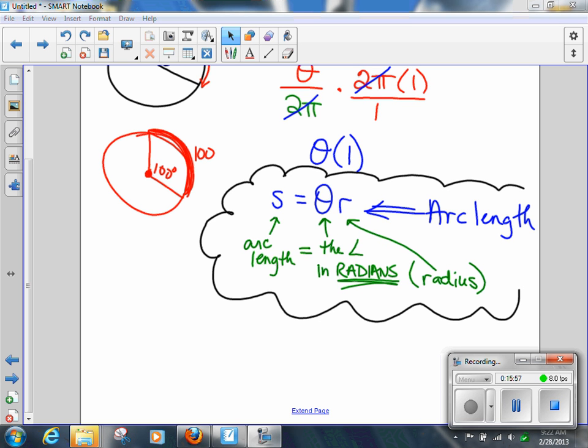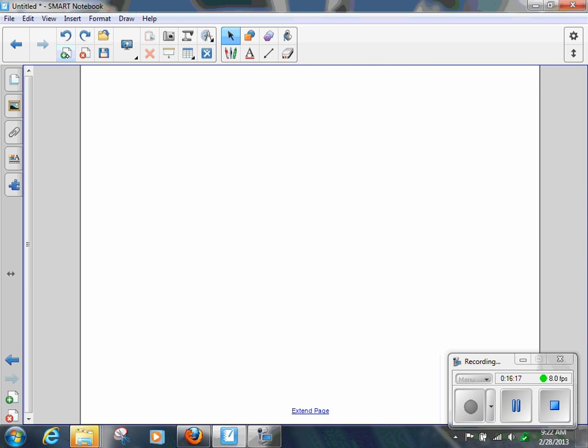Any number that I substitute into theta must be in radians. Any value I solve for theta that I get out of that formula will be in radians. So you're going to have to read your problems very, very carefully. And this is where some people get bit in the hind end, okay?